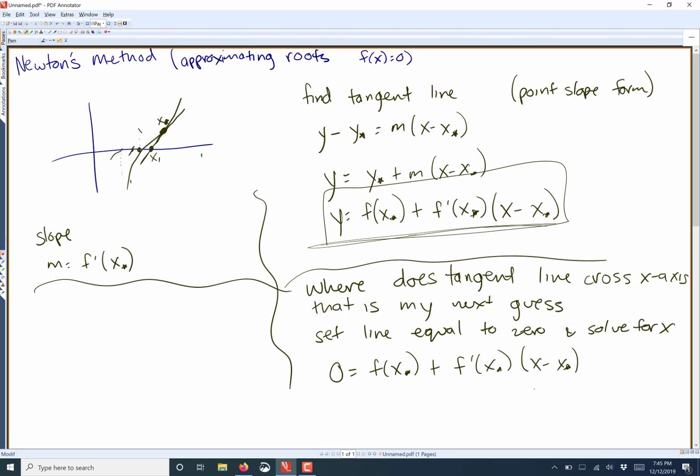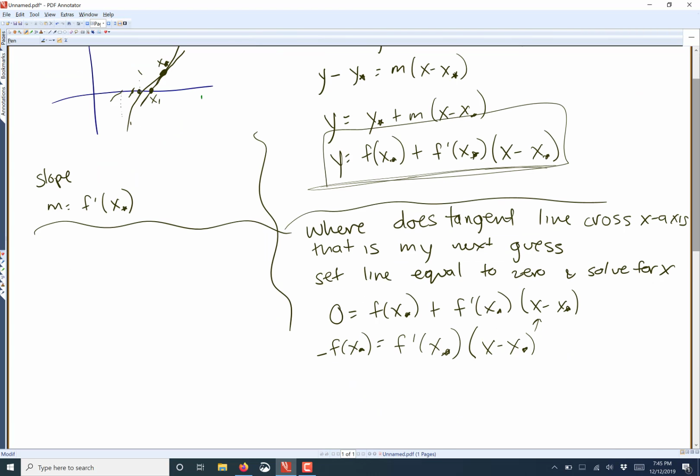Let's see, we're trying to solve for x. So I'm going to start by moving f at my guess over: negative f at my guess equals the derivative at my guess times x minus my guess. So we would want to divide both sides.